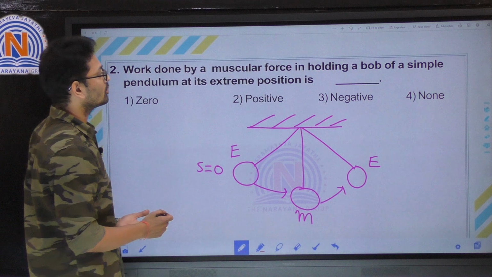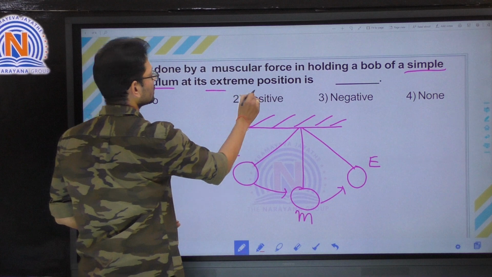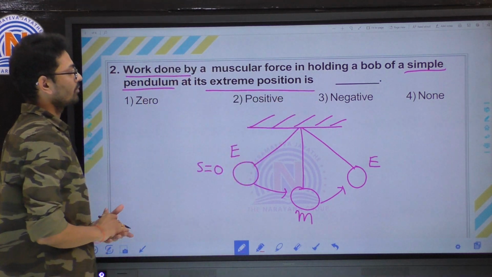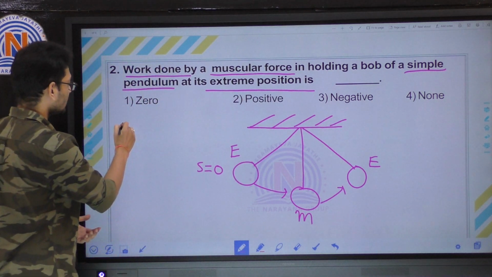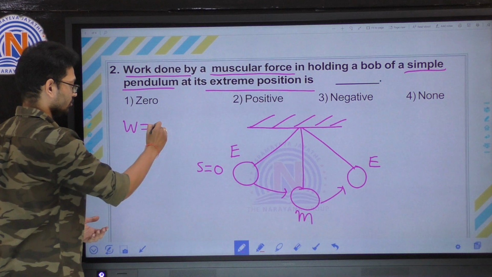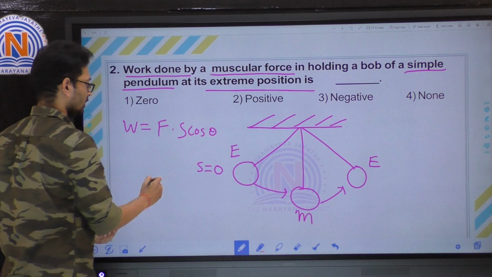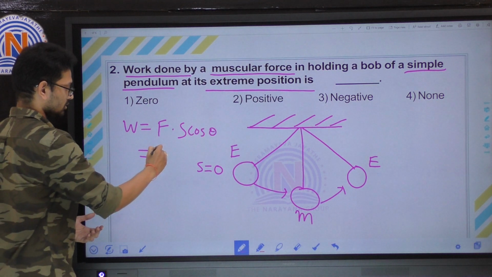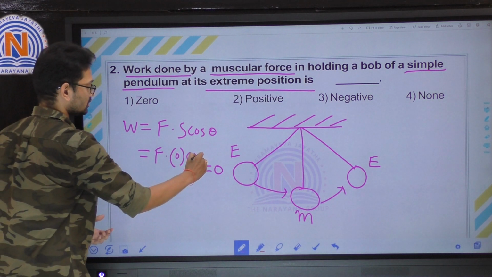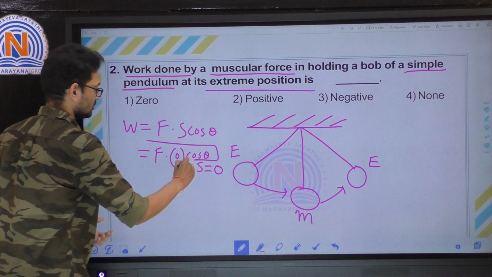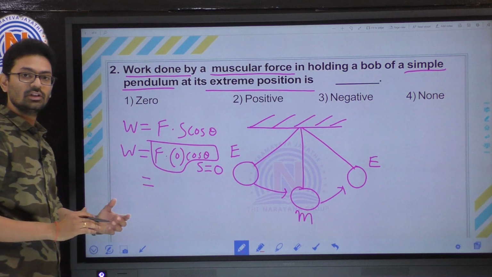Here they are asking about the work done by the muscular force on a simple pendulum at its extreme position. The work done formula is W equals force into displacement cos theta. Here the displacement is 0, so when you calculate this, you have a 0 in the product.